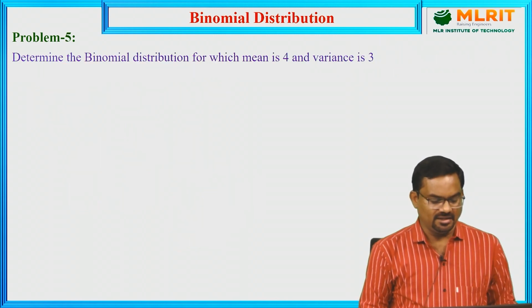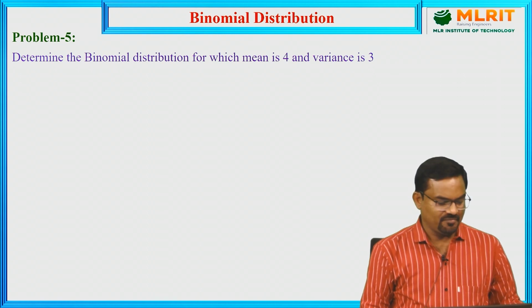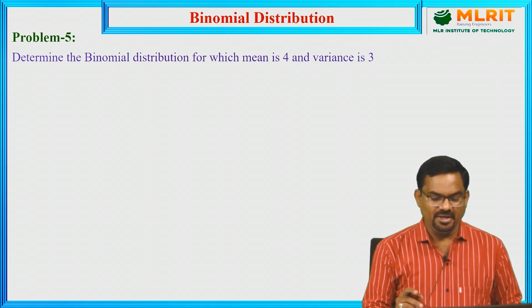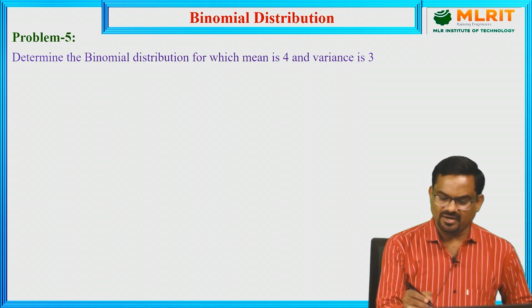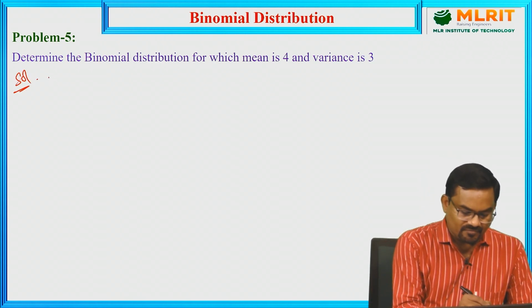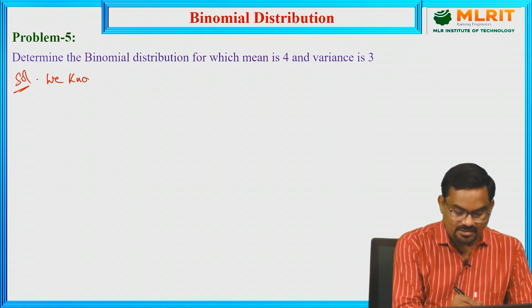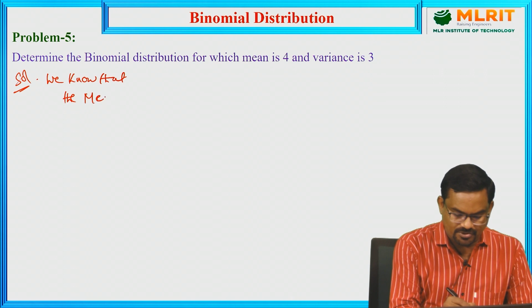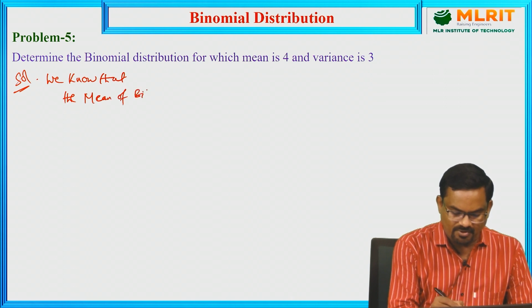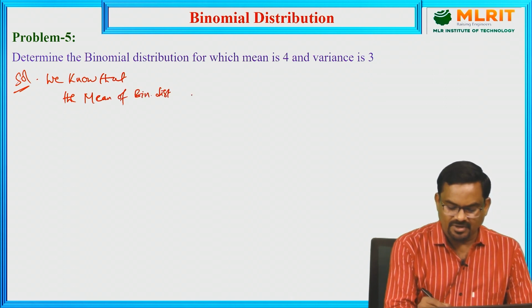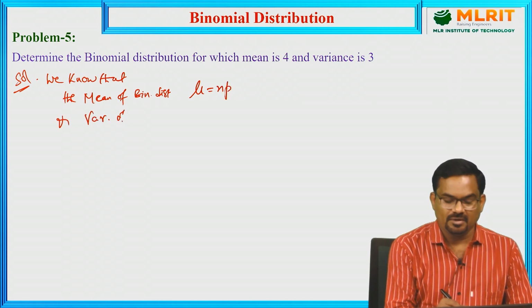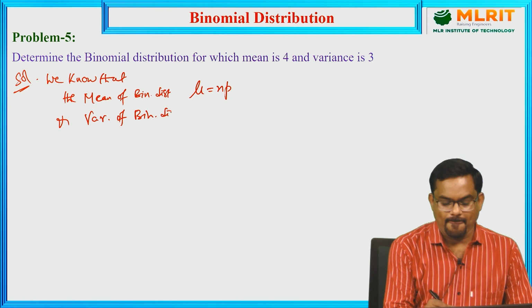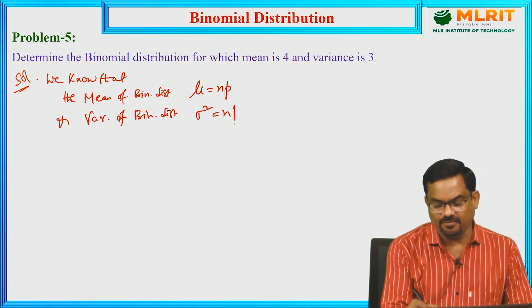What is the probability? Using binomial distribution, yes, we can calculate this. And similarly, determine the binomial distribution for which mean is 4 and variance is 3. Here, we know that the mean of binomial distribution is mu equal to np, and variance of binomial distribution is sigma square equal to npq.